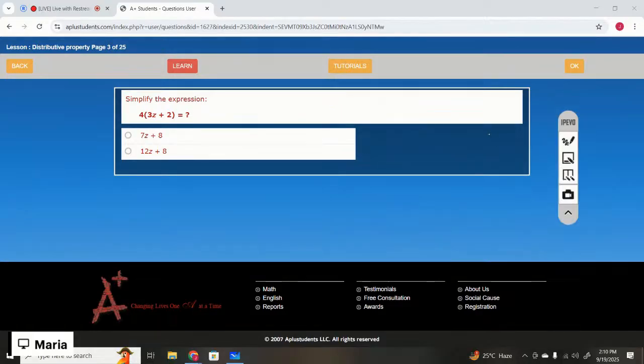That is 12z plus 8. Option number 2 is the correct option.